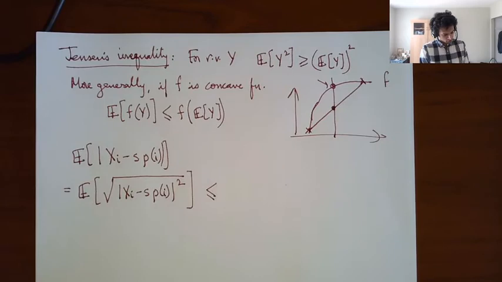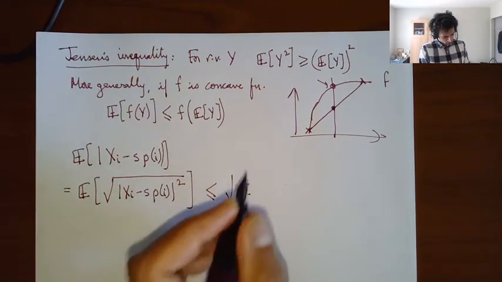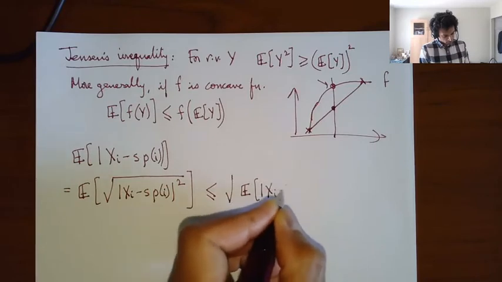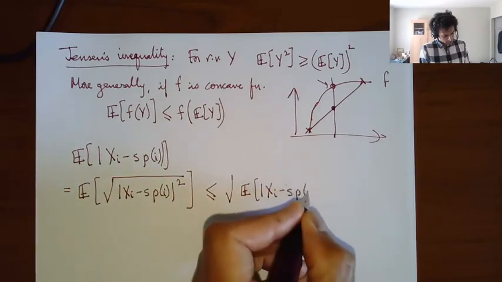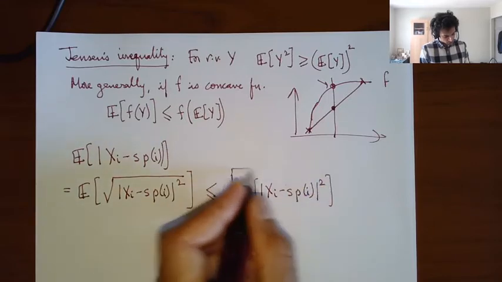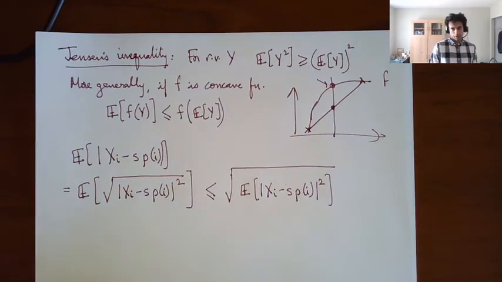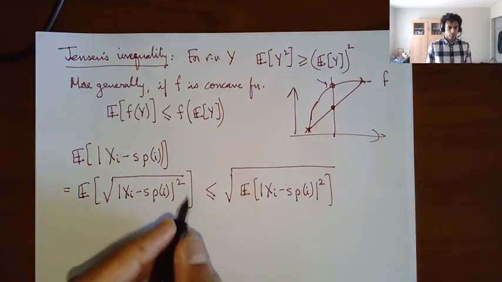Therefore, I can say this is at most the square root of the expected value of xi minus s pi squared. But this is an expression that I know and love. This is basically the variance of xi, which is a binomial. So I have a formula that I can plug in to deal with that analysis. Okay, this was Jensen over here.